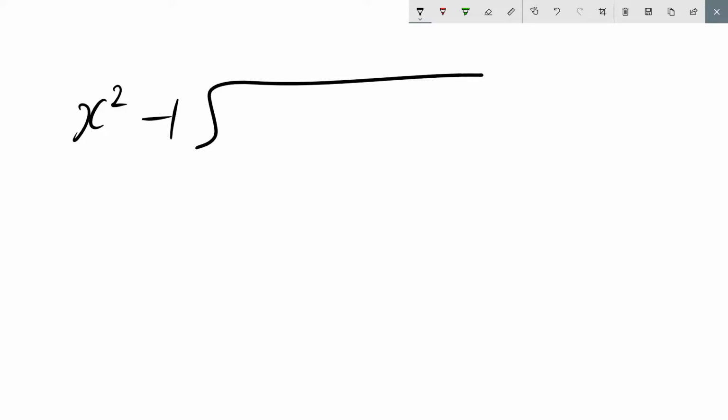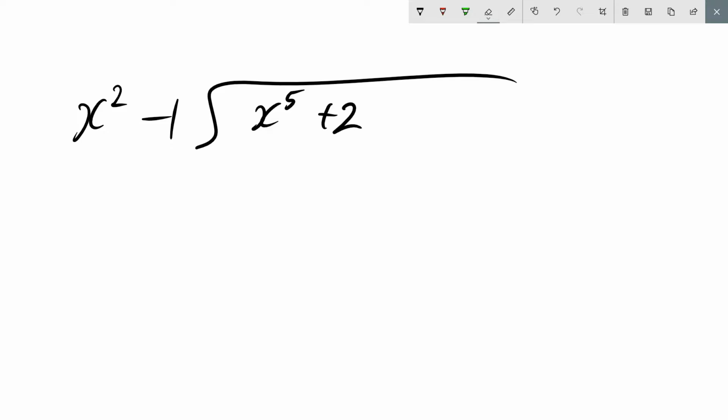Alright, now I want to now divide this expression here. Now, a couple of things. We need to put our zeros in here, but we also should be putting zeros up here as well.